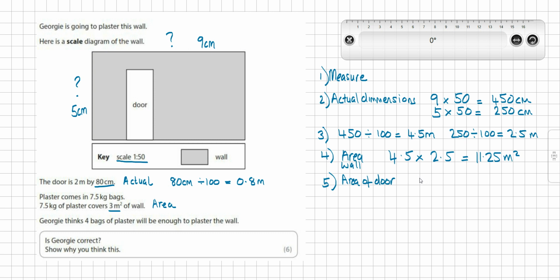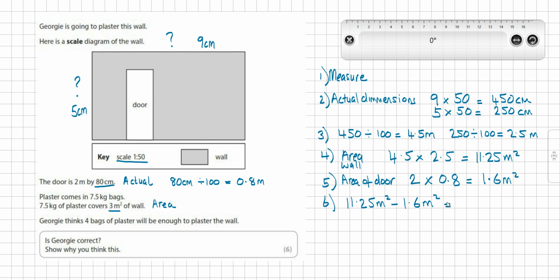So we've got 2 multiplied by 0.8, that's its height by its width, and that will give us 1.6 meters squared. Okay, so let's deduct that because we don't want to cover it. 11.25, there's our wall. We're going to deduct the area given for our door.